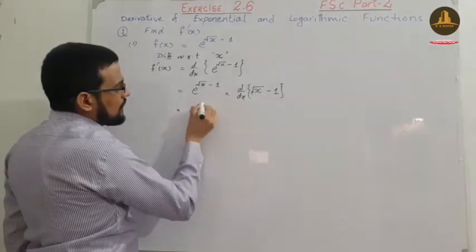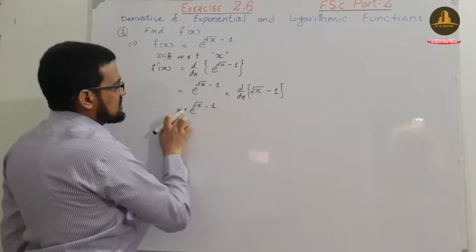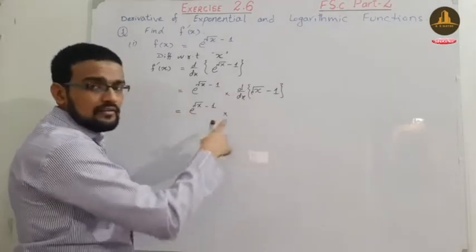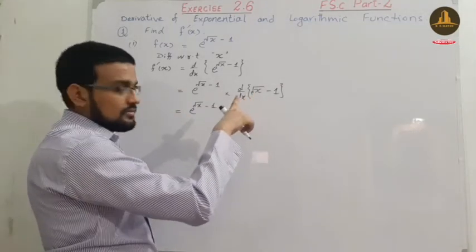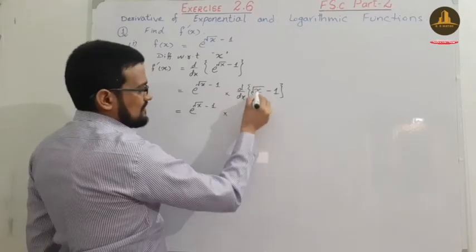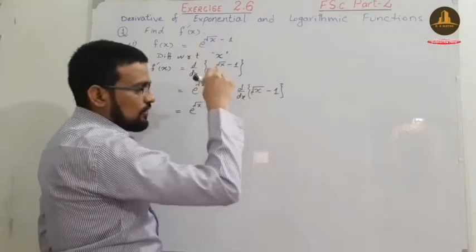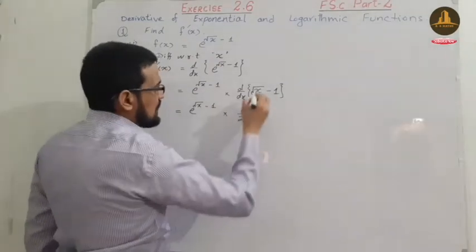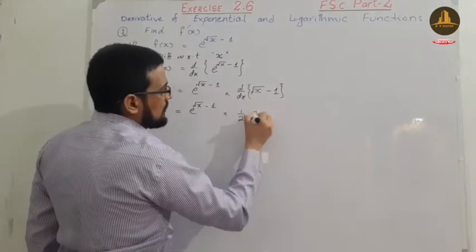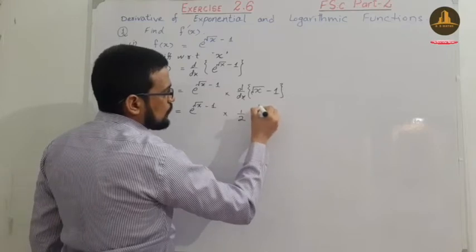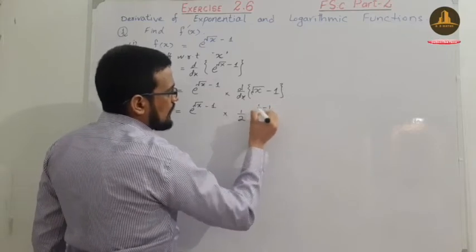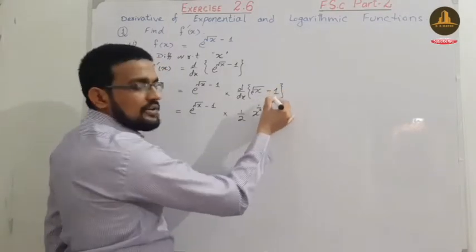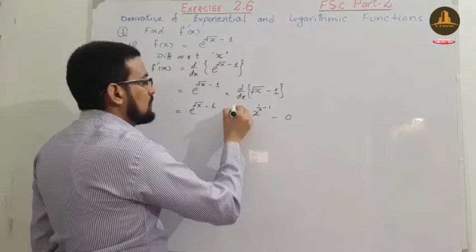E raised to power square root x minus 1 as it is, and here square root x, you know student, means x raised to power 1 by 2. It becomes 1 by 2 in front as a multiple, then x raised to 1 by 2 minus 1, the power decreases by 1, and the derivative of 1 is 0.